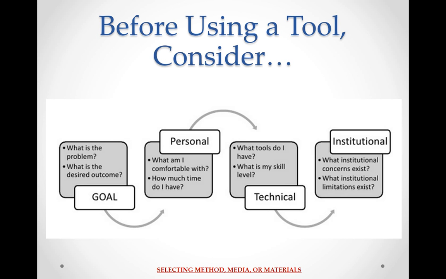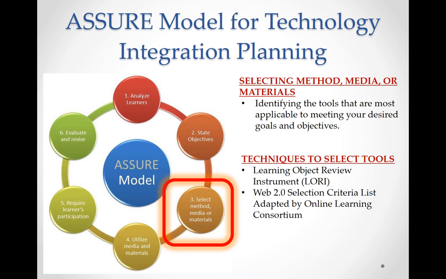So you want to think about all those things when you are selecting your tool. So just as a recap, we just looked at the Lori instrument, the Web 2.0 selection list, and also just some general considerations when selecting your tools. And hopefully you did see some overlap over those. I know that I did with some of the language, and you'll get the general picture of this information.